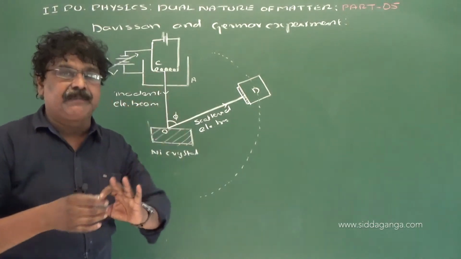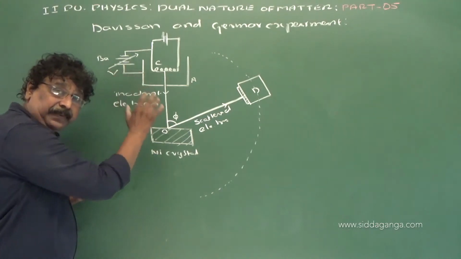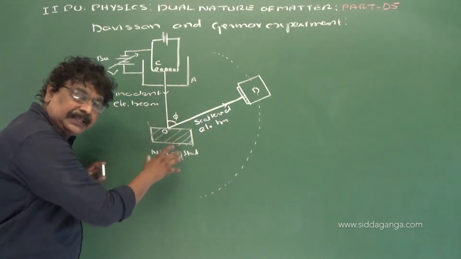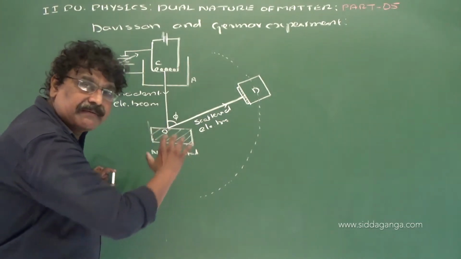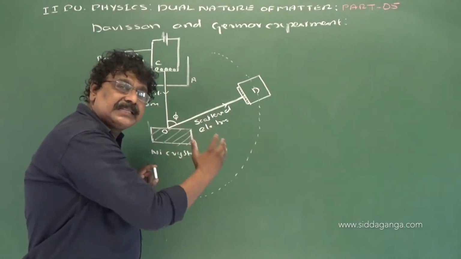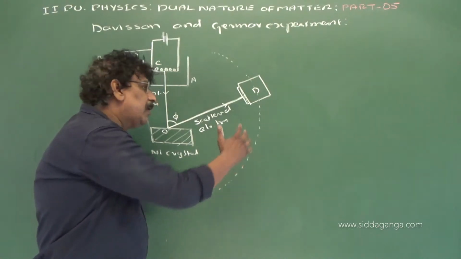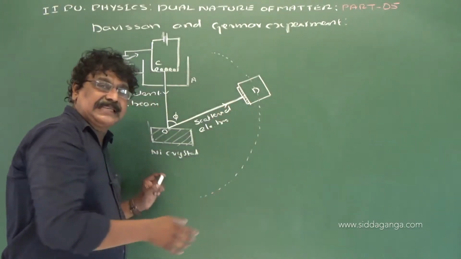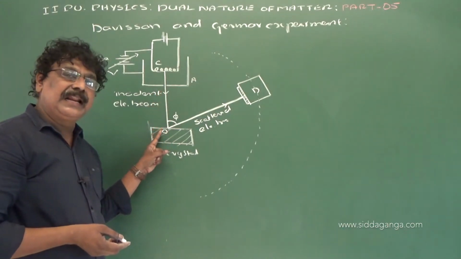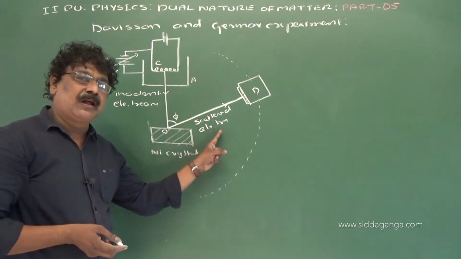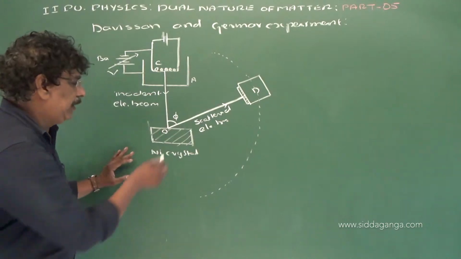That means in this experiment, electrons are accelerated through a potential difference V, made incident on a nickel crystal at a point, and we measure the intensity of scattered electrons for different angles of scattering. Here, the angle between the direction of the incident electron beam and the direction of the scattered electron beam is the angle of scattering.